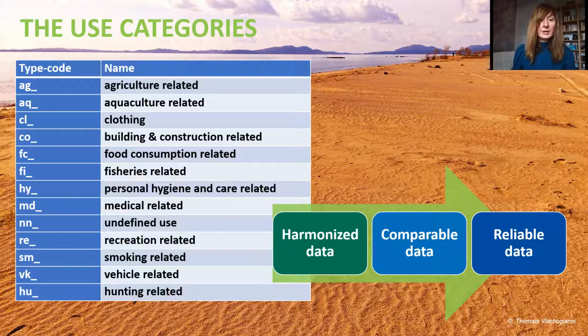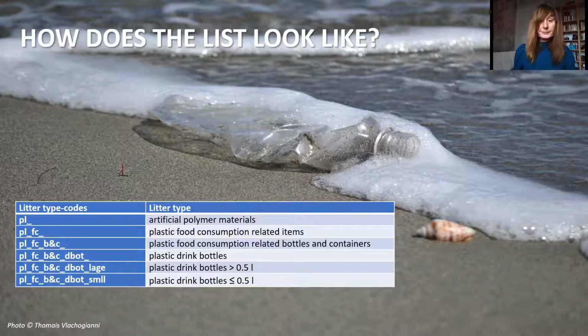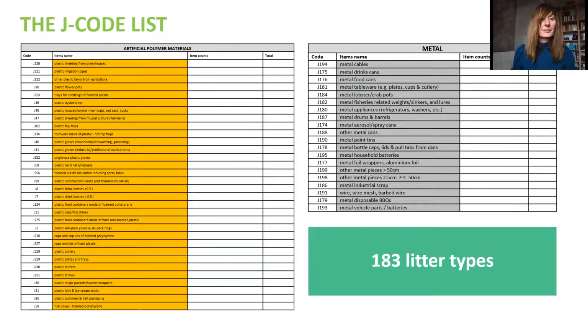The idea of the use categories is to provide an indication of the actual human-induced activities generating these litter items and facilitate the decision-making process when it comes to management measures. In addition to that, a coding system has been developed to further facilitate the aggregation of the results and the reporting process.